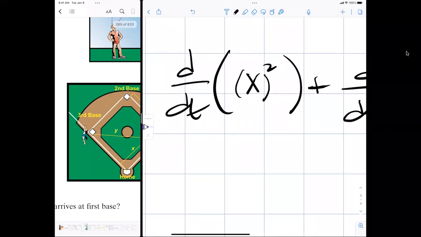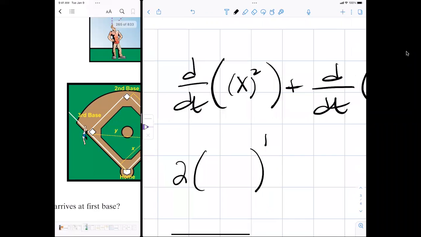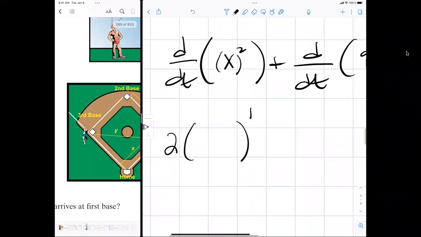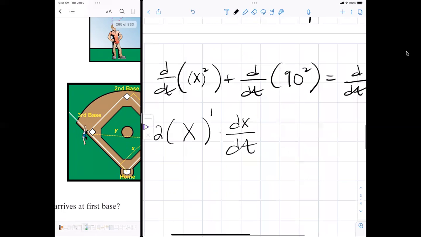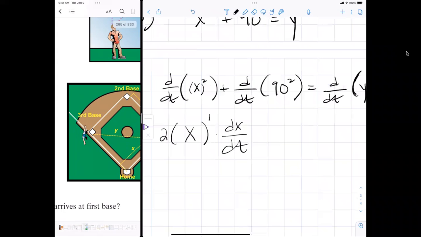So to take the derivative of the outside, I would bring the 2 down and subtract 1 from the exponent. Then I leave the inside alone and multiply by the derivative of the inside. So the derivative of x with respect to t can be written as dx over dt. Do we follow that? Okay. The derivative of the constant is just 0.